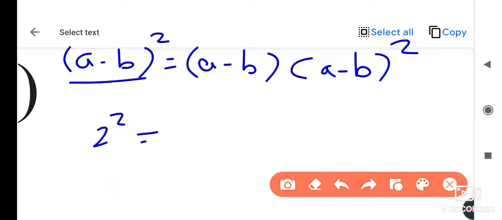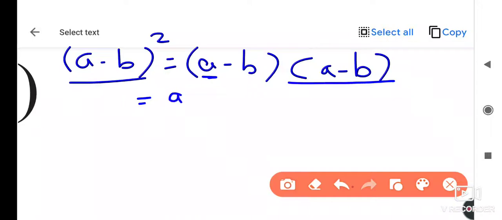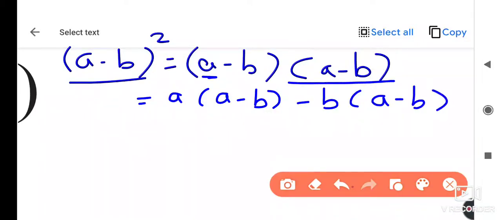So (a minus b) square is equal to (a minus b) into (a minus b). As you know, we multiply the first term into the whole bracket, so a into (a minus b). Now minus b into (a minus b). Now do the multiplication: a into a is a square, a into b, plus into minus, multiplying signs: a is plus, b is minus, so minus ab.